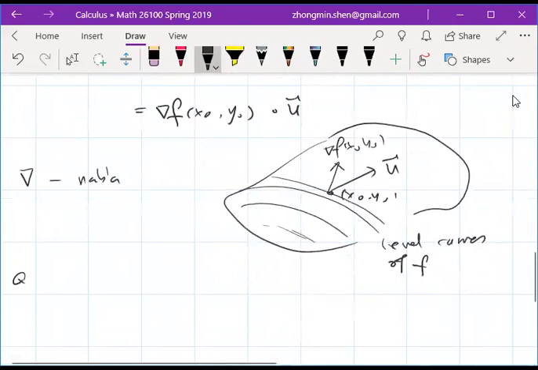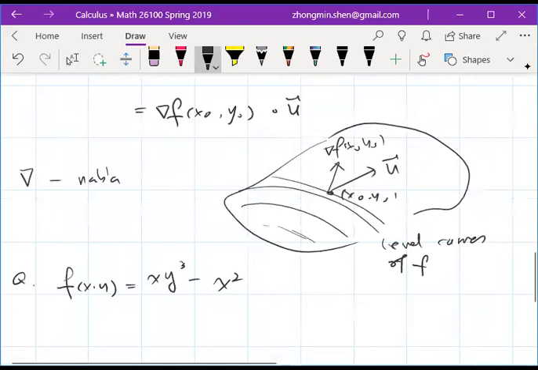Okay, here's an example. Take a look at the book. So I have the function f(x,y) is going to be x y cubed minus x squared.